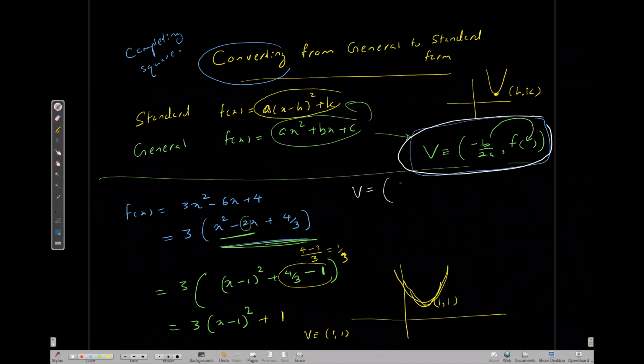Negative b, so negative negative 6, divided by 2 times a, 2 times 3, which is 6. This is actually 1, right? Because positive 6 over 6, so f of 1. When I plug in 1, 3 times 1 squared, which is 3, minus 6 plus 4: 3 plus 4 is 7, minus 6 is 1, so (1, 1).